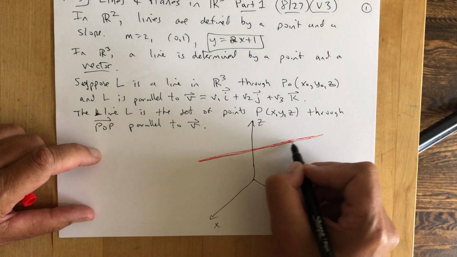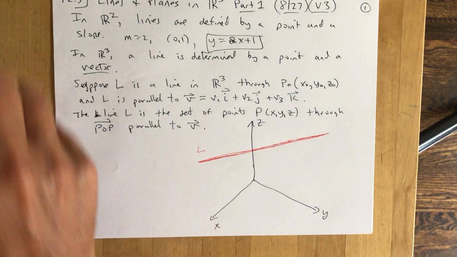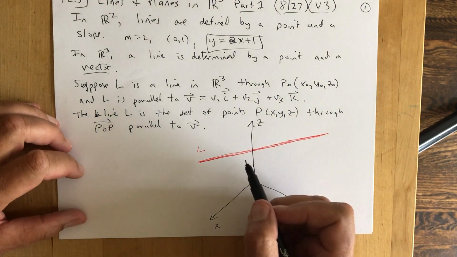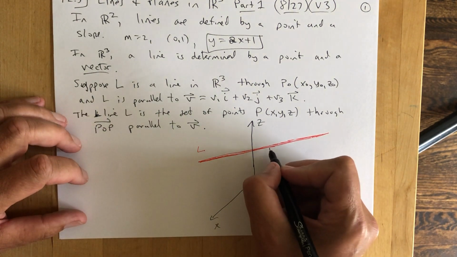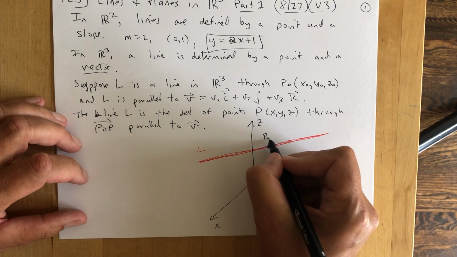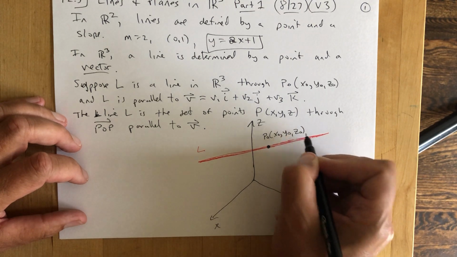So here's the line, capital L. And we're trying to find the equation of this line, and this thing is floating along through 3 x, y, z space, right? So on this line is a point P naught with coordinates x naught, y naught, z naught.